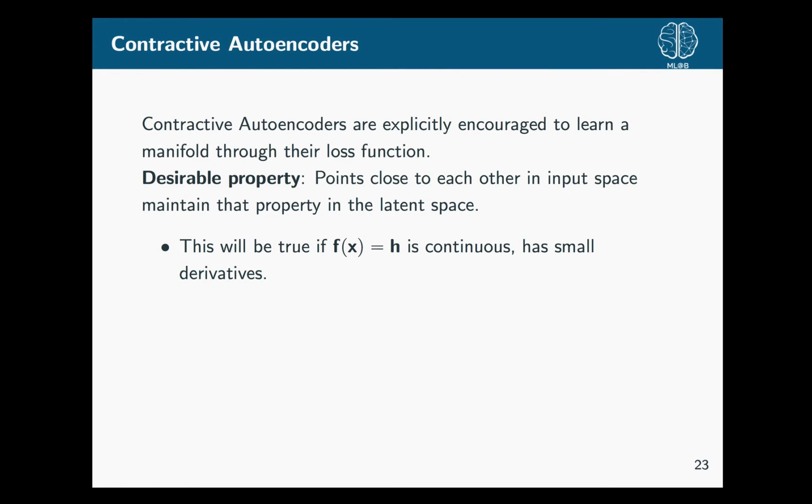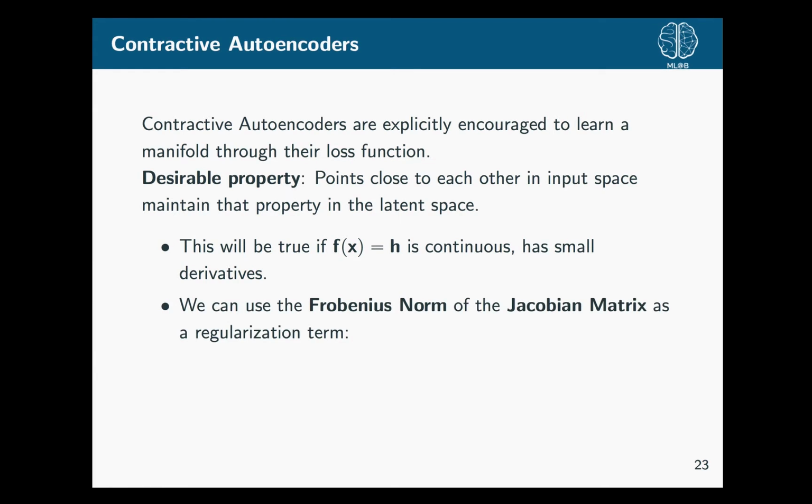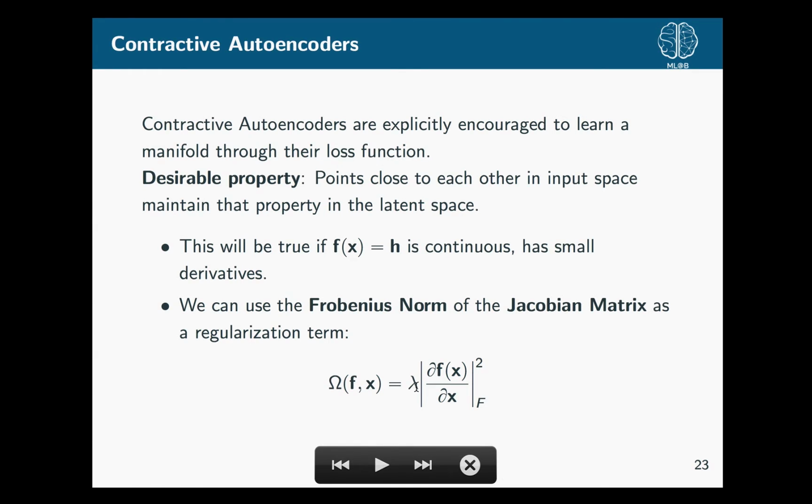And if f of x, the encoder, is a continuous function and has small derivatives, then this property will basically hold. So the way you do this is you check out this quantity, the Frobenius norm of the Jacobian matrix. I'll go over what both of those things are. And again, this is just another regularization strategy, so you add this to the reconstruction loss.